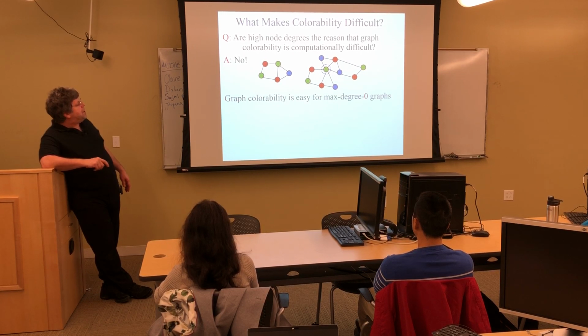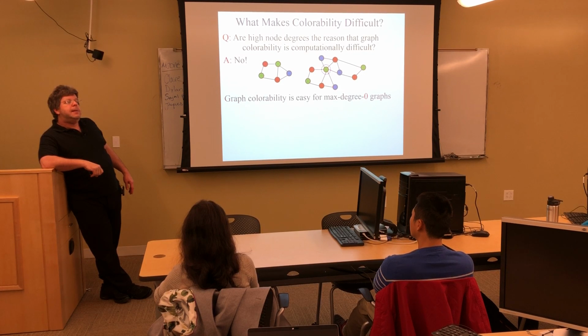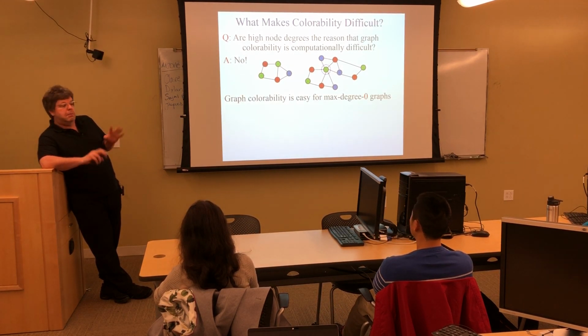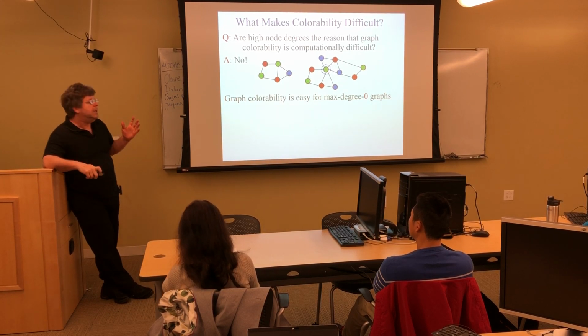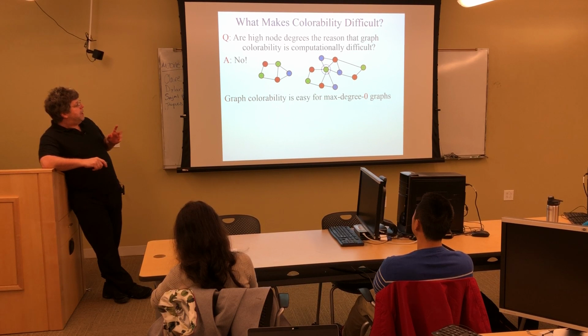If you have max degree 0 graphs, where the degree is at most 0 everywhere, is it 3 colorable? How many say yes? What's your algorithm to determine if it's colorable or not, if the max degree is guaranteed to be 0? Just say yes, and you'd be right. That's very simple. One print statement is the algorithm. So you see, if you reduce the degree enough, it becomes trivial.